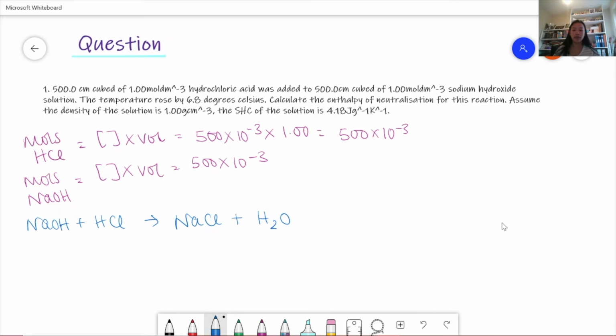And this is already balanced, so this is the equation. And then we look at the ratio of sodium hydroxide to hydrochloric acid reacting. And as we can see, it's just a 1-to-1 ratio, and that's for the moles.